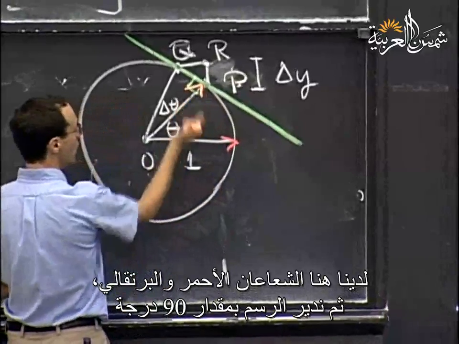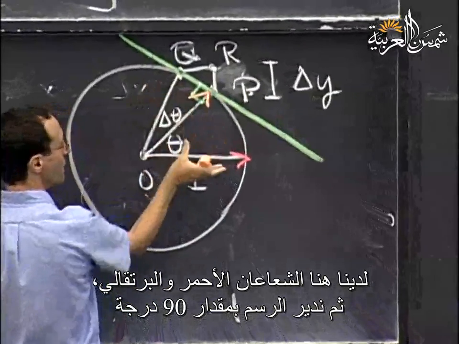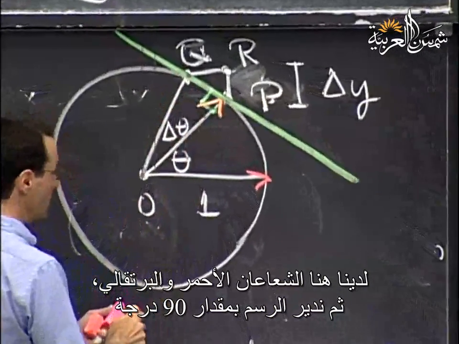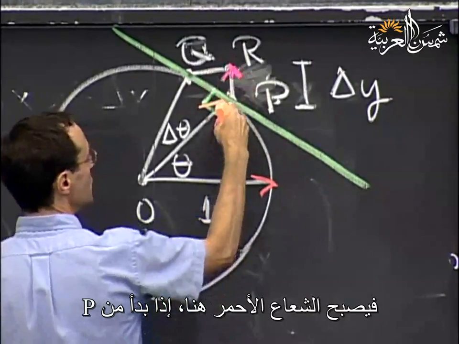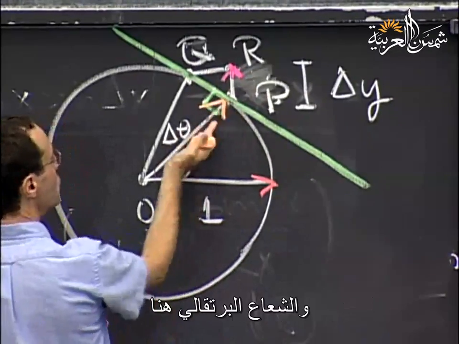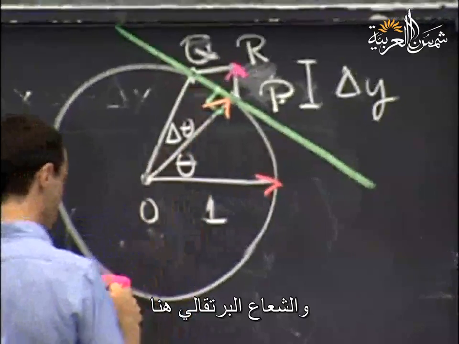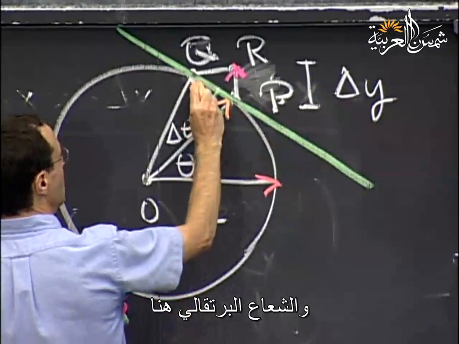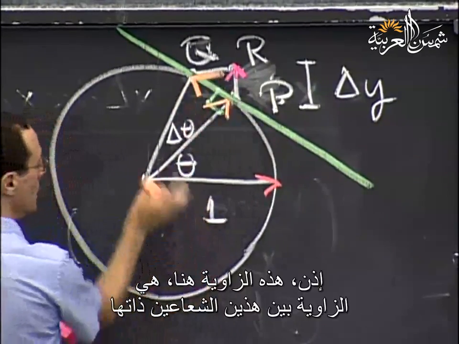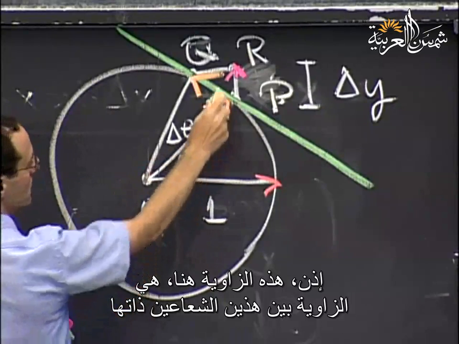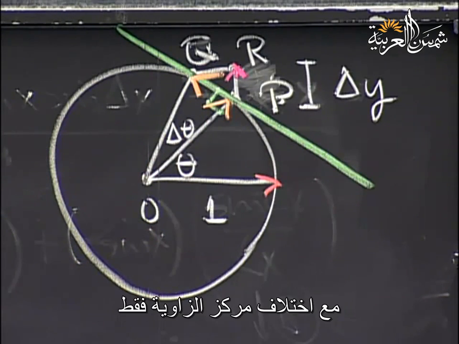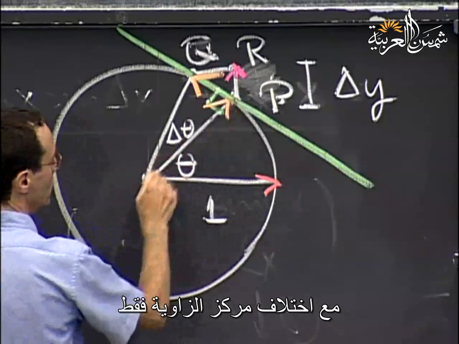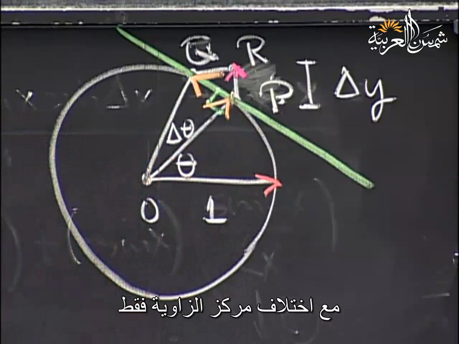So red to orange, and then I rotate by 90 degrees, and the red becomes this, starting from P, and the orange rotates around 90 degrees and becomes this thing here. All right? So this angle here is the same as the other one, which I've just drawn. Different origins, different vertices for the angles.